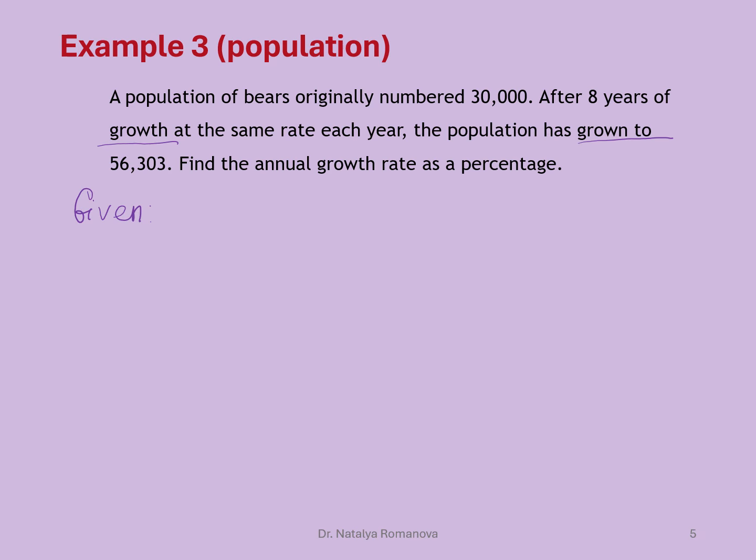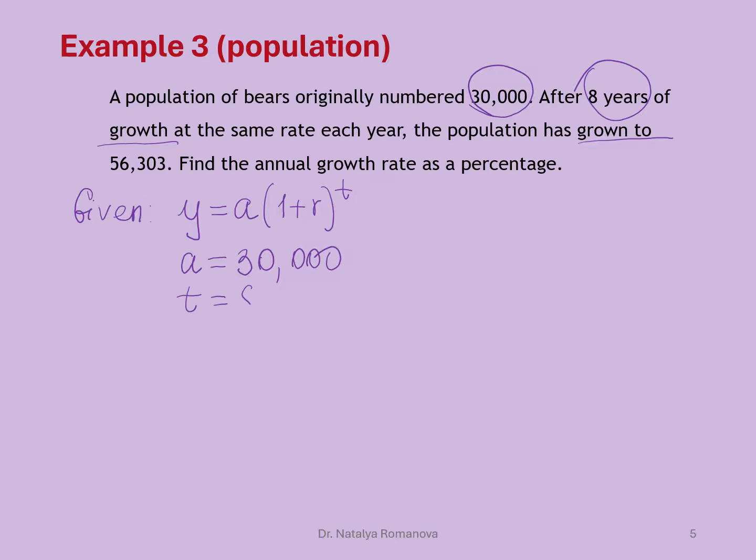We need to use the exponential growth formula, y equals a times (1 plus r) to the t. The population originally was 30,000, so the initial value a equals 30,000. The time t is 8 years, and the population has grown to a final amount y equals 56,303. We need to find the rate r.